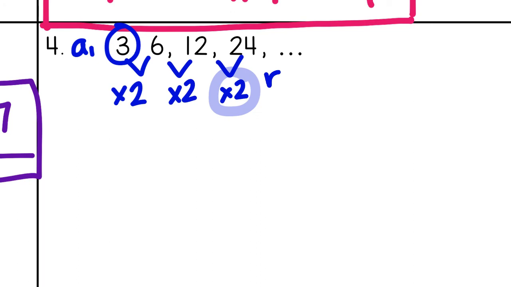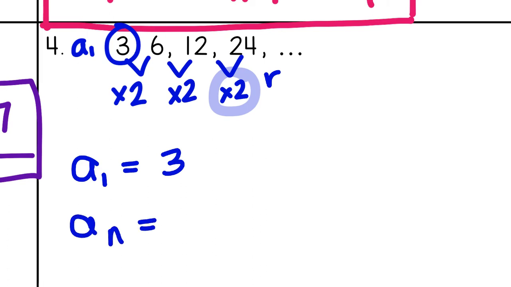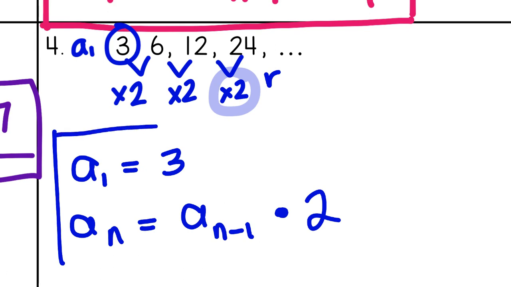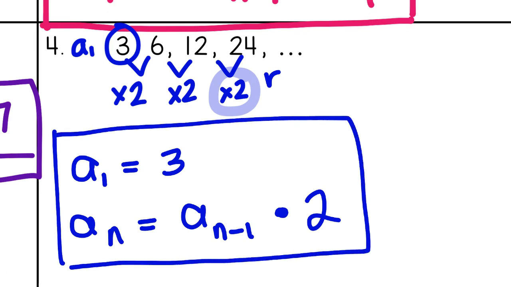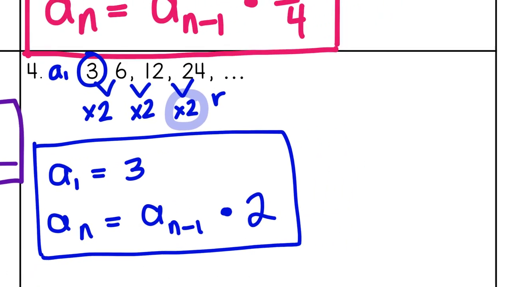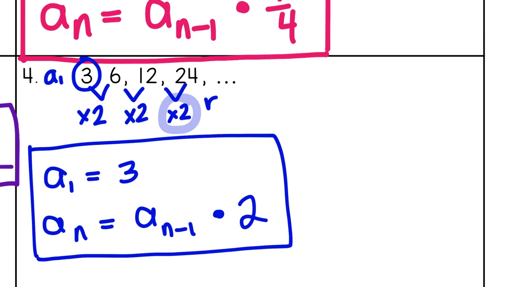So let's write our recursive formula. A sub 1 equals 3. A sub n equals a sub n minus 1 times 2. Now it's asking for our next 3 terms. 1, 2, 3.